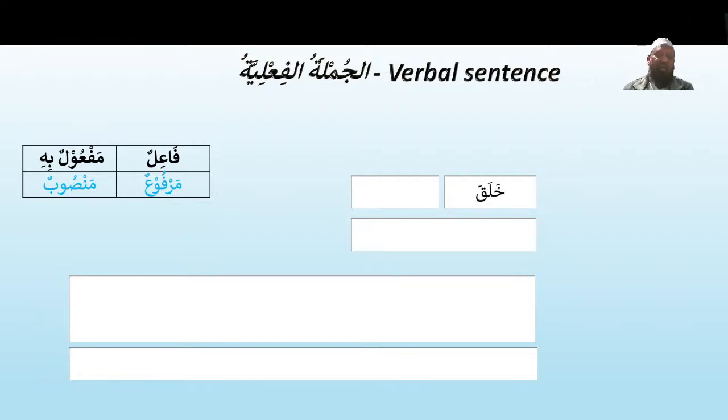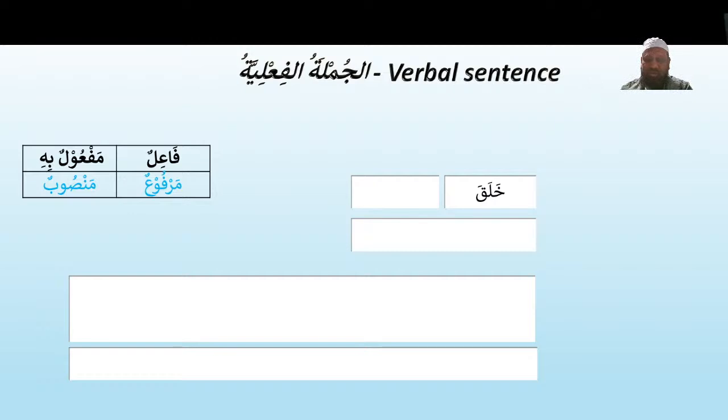So what do we have? Khalaqa. We have khalaqa. So all the verbs we learn, as default, we don't mention the fa'il straight away. When we memorize these verbs, as I showed in the chart, every single verb has that built-in fa'il with it.